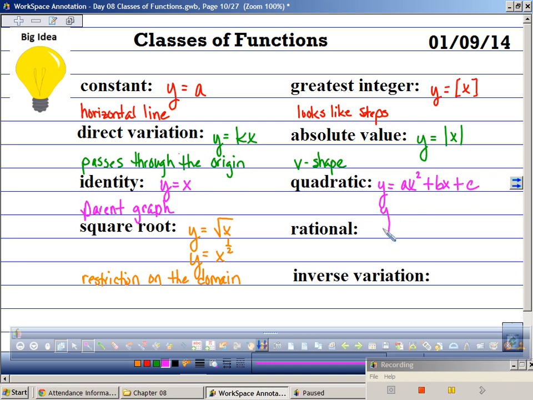What about in vertex form? Because they're both quadratics, right? What would vertex form look like? It still has an A, but in parentheses it's now, you're right, there's an H and a K in there, remember?